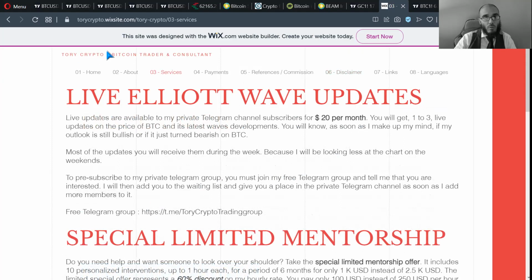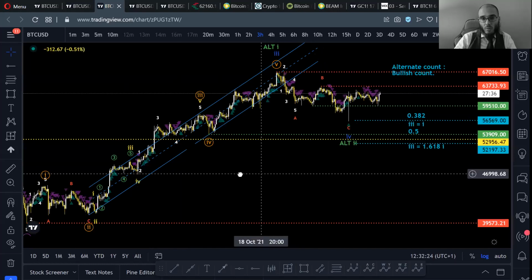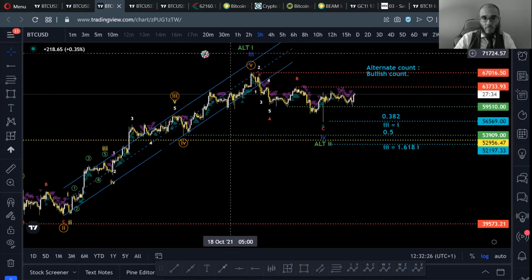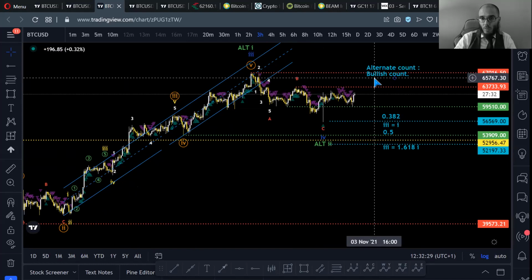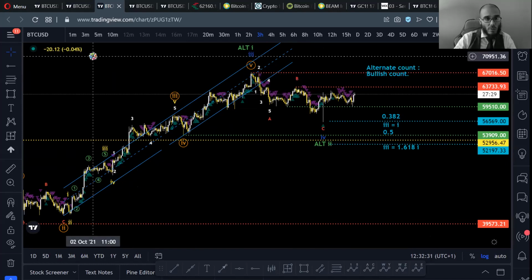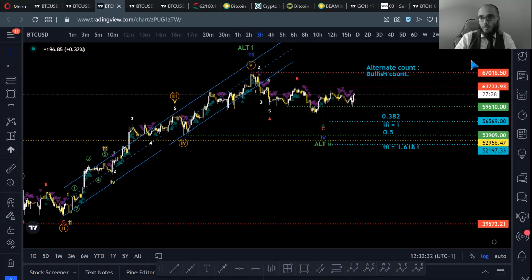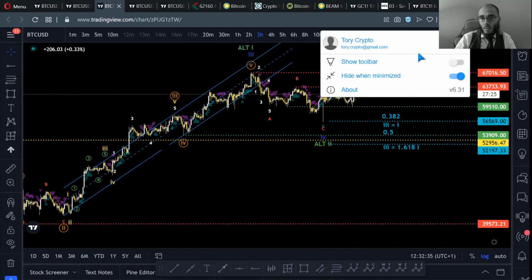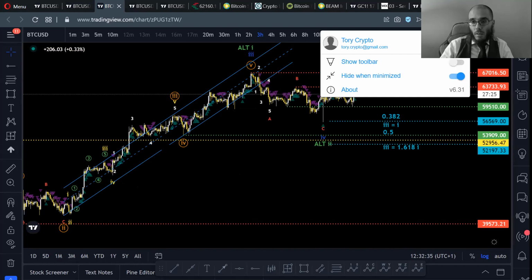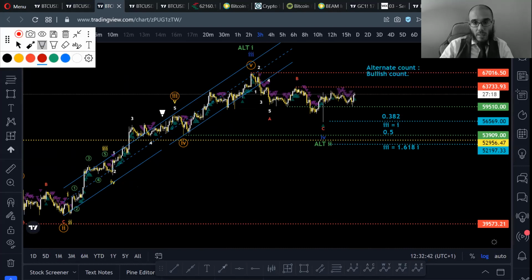And now I want to take a look at the charts. So let's start with the 3-hour chart. On the 3-hour chart, I still switch to the alternate count. It's a bullish count, and on that count, I've labeled it A, B, C, and now we're in the process of going higher.